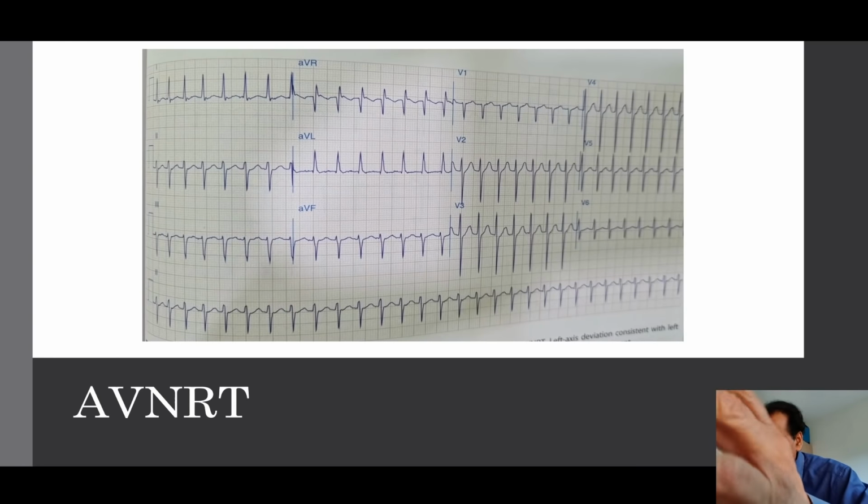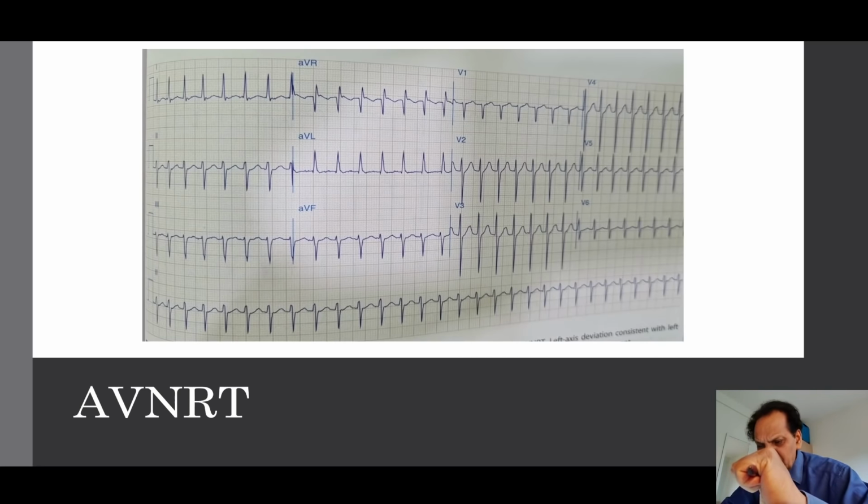AVNRT, pseudo R waves, where? Very clearly seen here in V1. And after the conversion I showed you the picture. Here also the P waves are seen. These are inverted P waves here. If you see them carefully, you can see them in second, third, AVF and a pseudo R wave in lead V1.